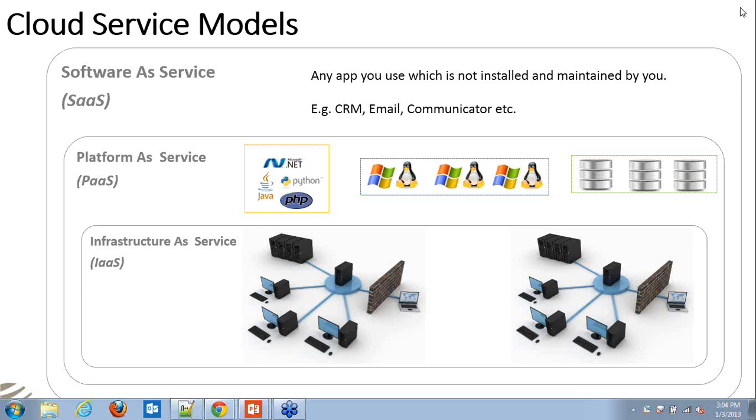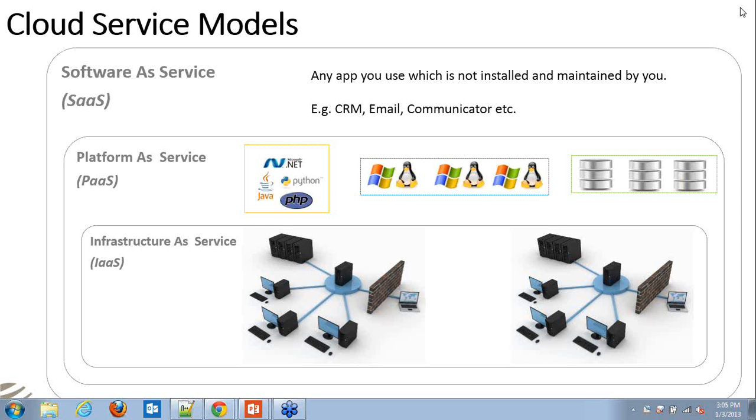The second model of cloud service is platform as a service. It includes all the runtimes like Java, .NET, Python, then operating systems, web servers, application servers, databases. And to run all these platforms or software, we need some infrastructure like virtual machines, network, hard disk.